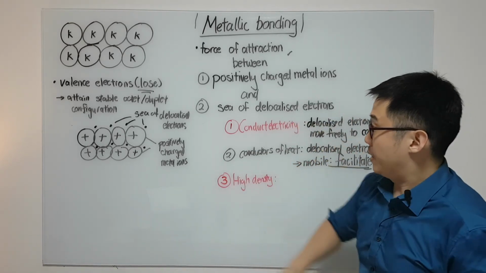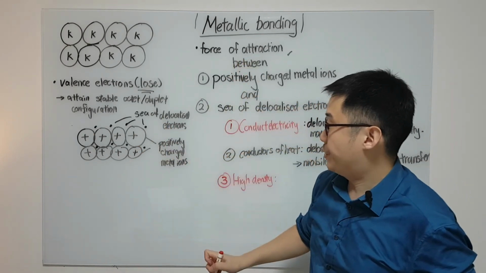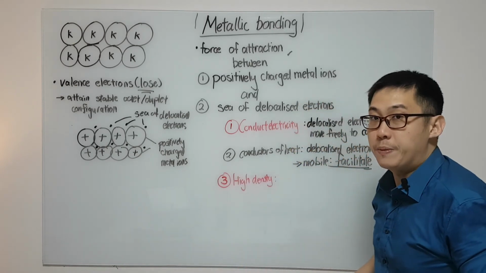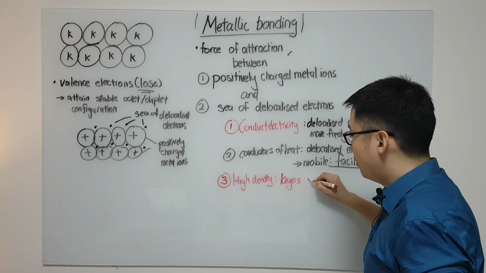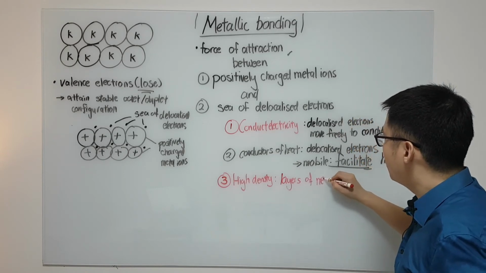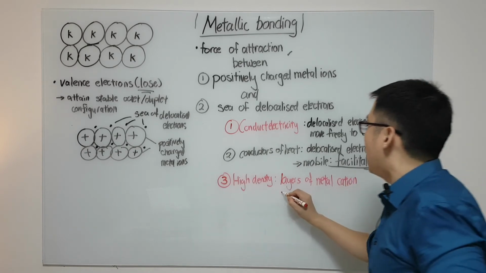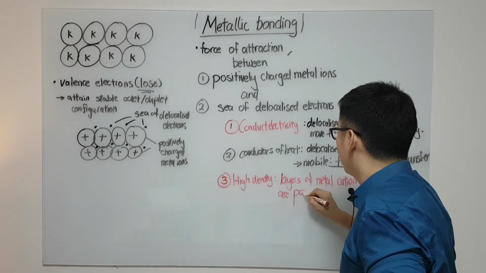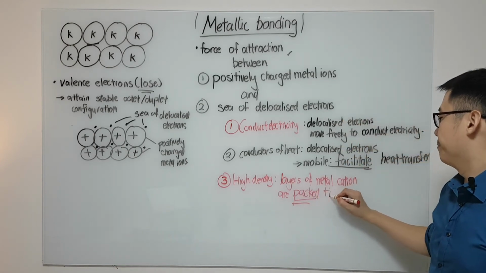This is because, as you can see, due to the attraction between the sea of delocalized electrons and the positively charged metal ions, the layers of metal cations are packed tightly.